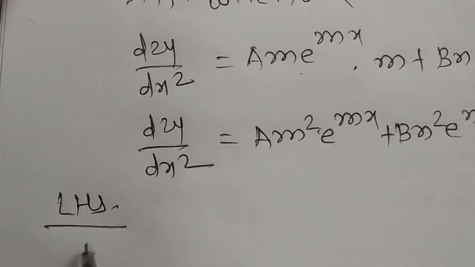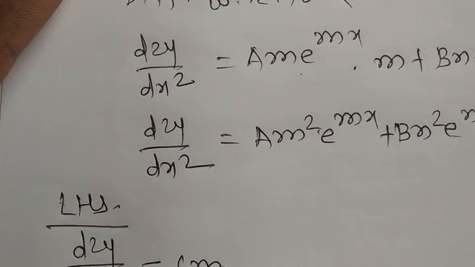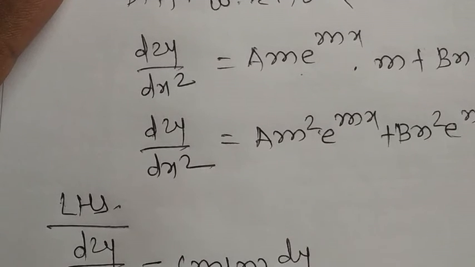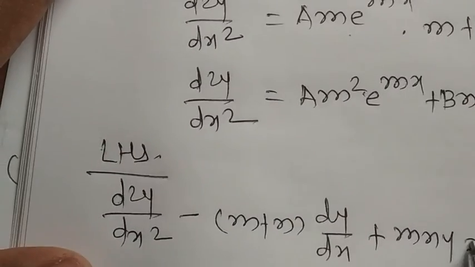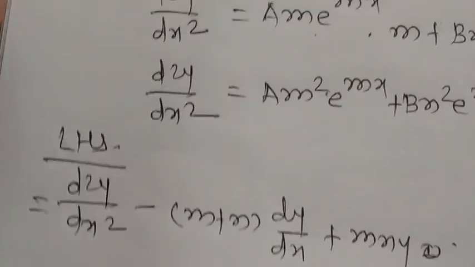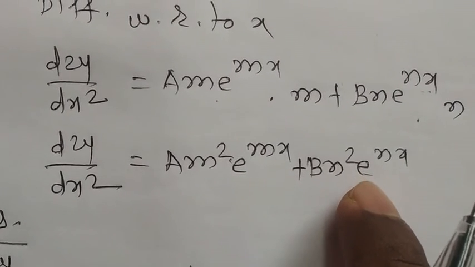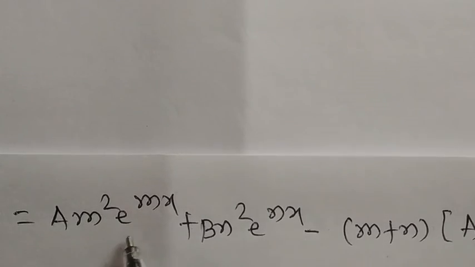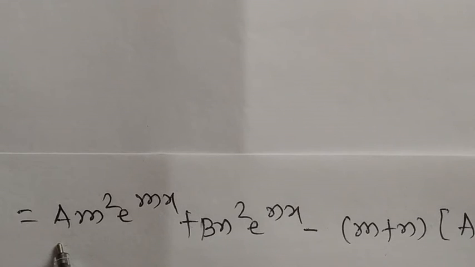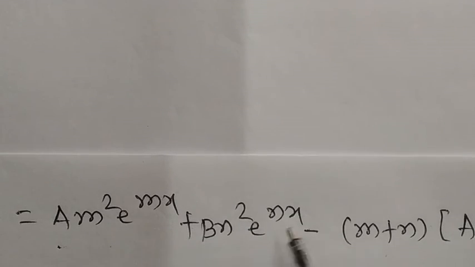So d2y by dx square minus m plus n of dy by dx plus mn of y, taking and solving. So we put in the value of d2y by dx square, which we have: a m square e to the power mx plus b n square e to the power nx. We put that d2y by dx square is equal to a m square e to the power mx plus b n square e to the power nx, then minus m plus n of dy by dx.